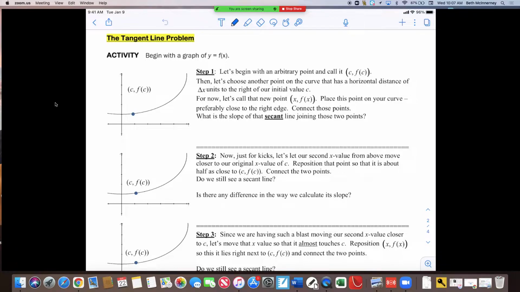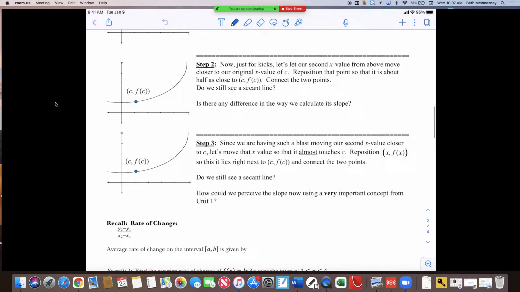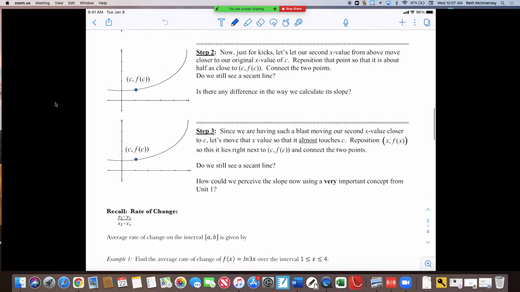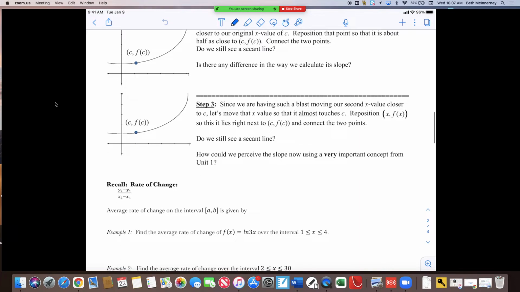And then we move the point closer and closer and closer. And as we made that distance smaller and smaller, I asked you, what was that important concept from Unit 1 that would let that distance approach 0? What was that concept? The limit, okay?